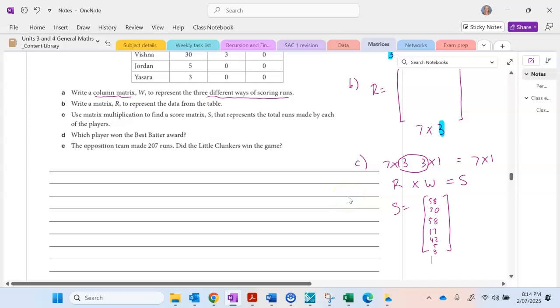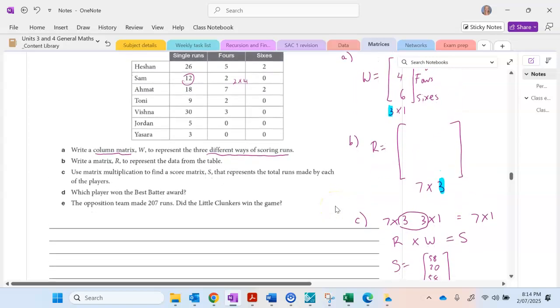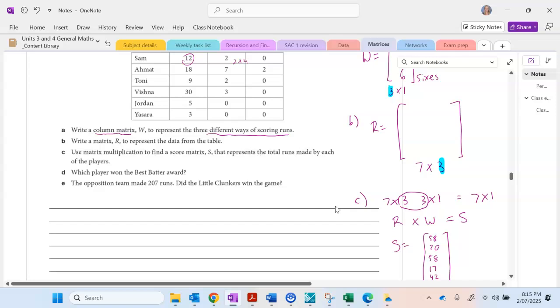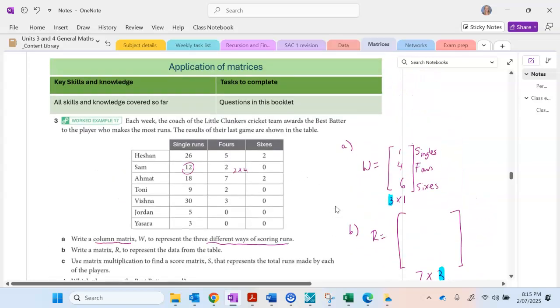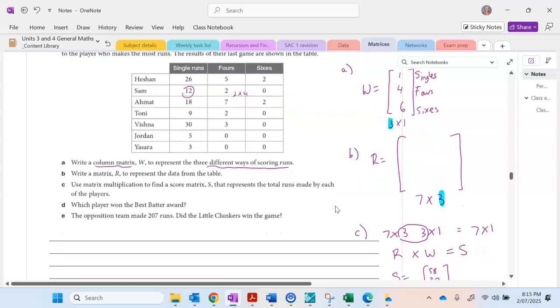All right, which player won the Best Batter Award? So I'm just wondering, because we got 2 on 58. That is a little bit annoying. Who makes the most runs?